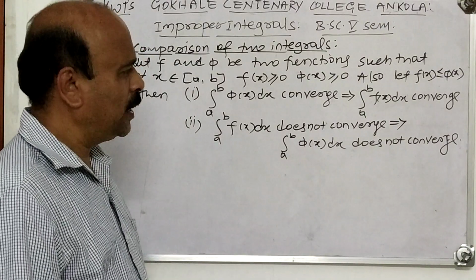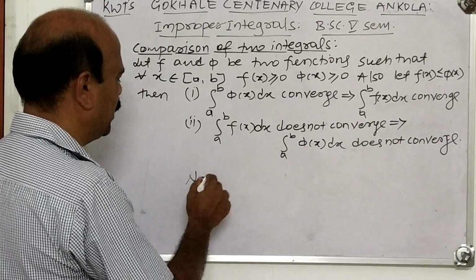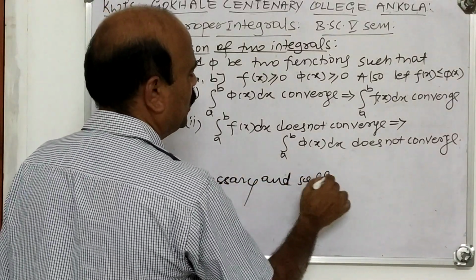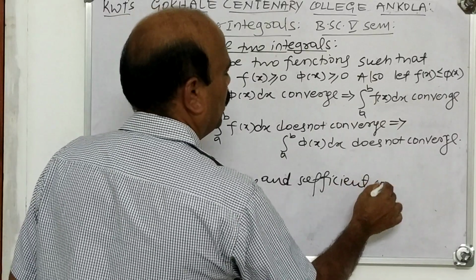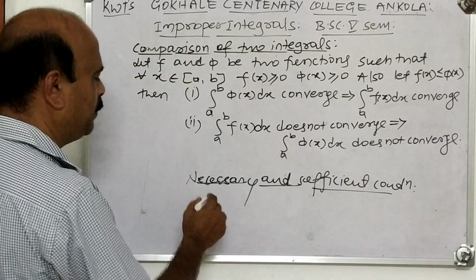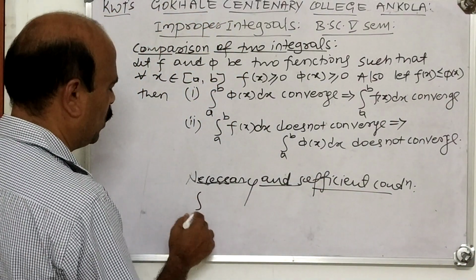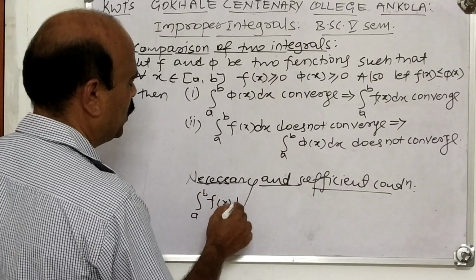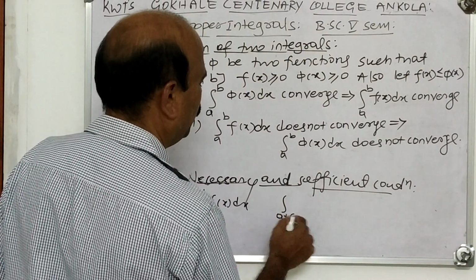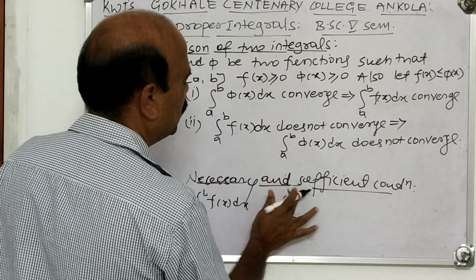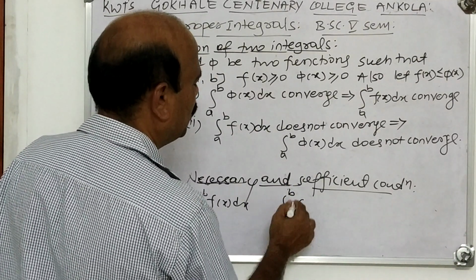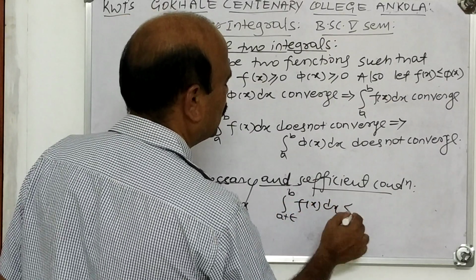In the previous video, I explained the necessary and sufficient condition for the convergence of an improper integral. What is that? The necessary and sufficient condition for the improper integral from a to b of f(x) dx to converge at a is that there exists a positive real number k, so that the integral from a plus epsilon to b of f(x) dx is less than k.